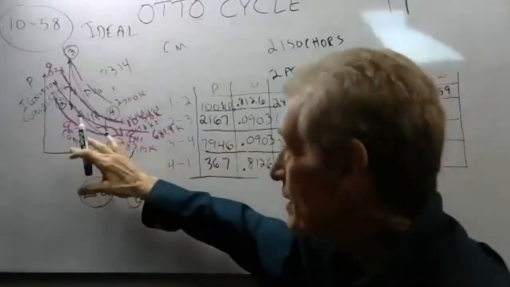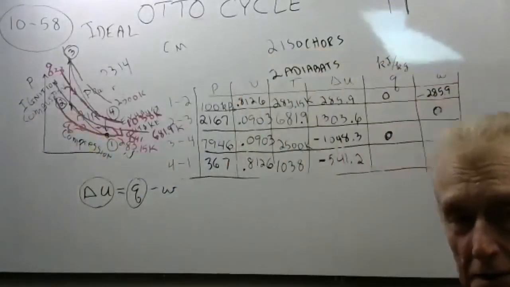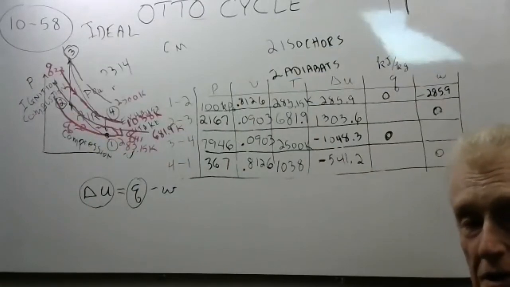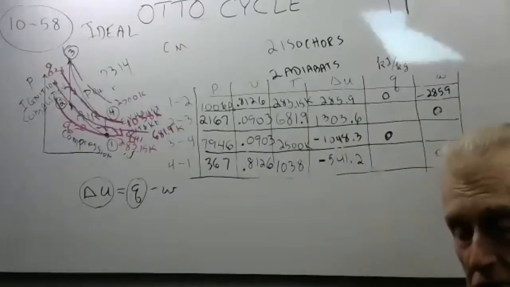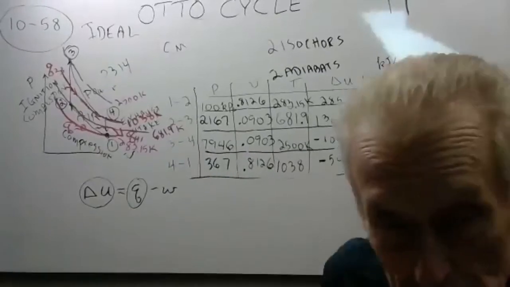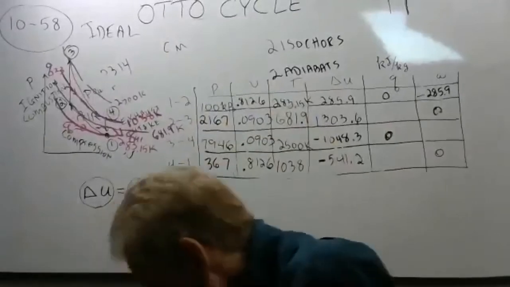You know why it's negative? Because going from 1 to 2 is compression. Have I ever told you before that compressive work is negative and expansion work is positive? Yeah, I've told you that. I've told you that, what, about 6 or 8 times?